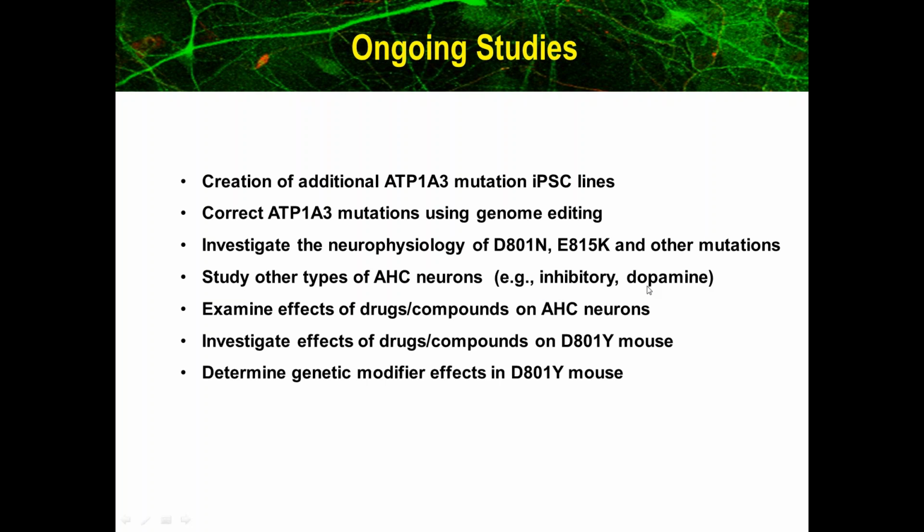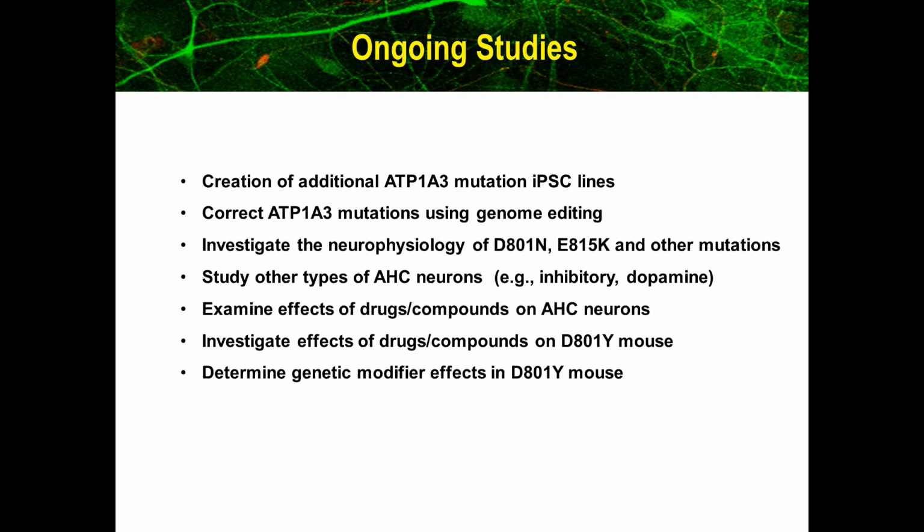The other thing we want to do is look at neurons that are releasing dopamine in the brain. Dopamine neurons are important for movement and are well known for being involved in the disorder Parkinson's disease. There is some evidence from some of the mouse models of AHC that dopamine neurons may be involved.